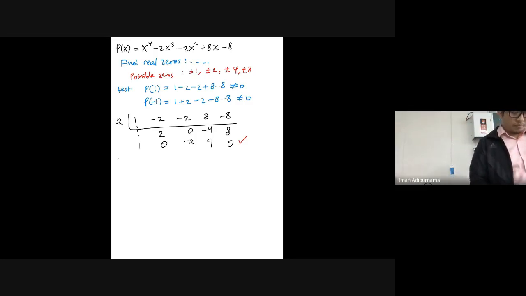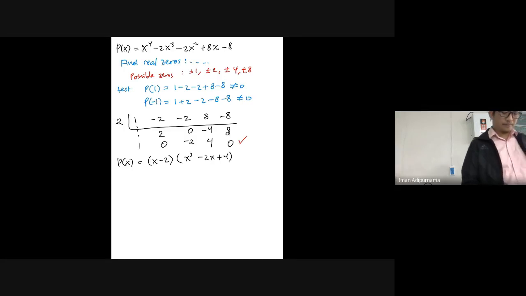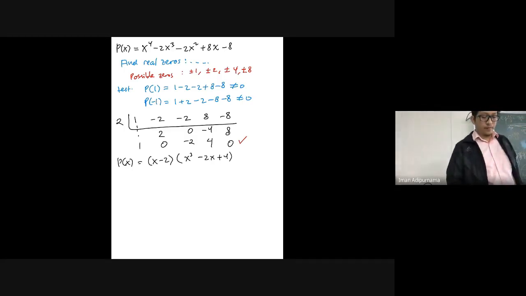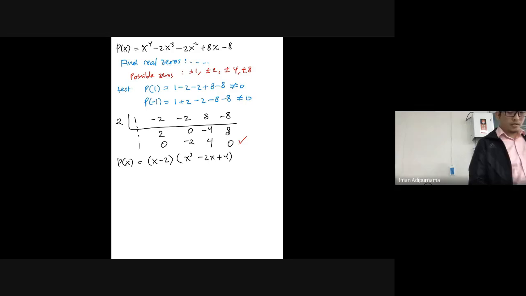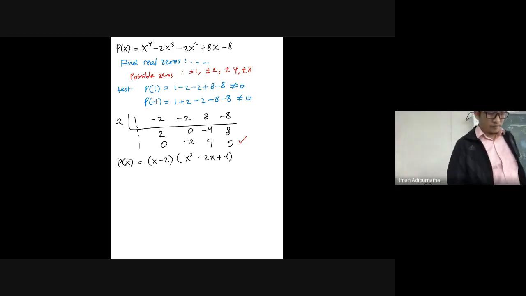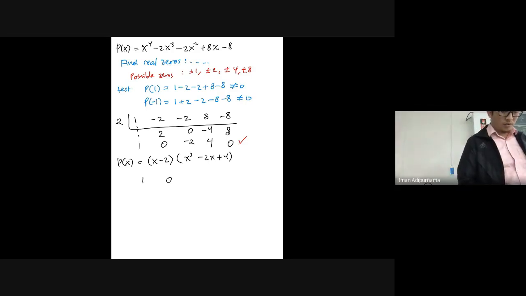So we can write P(x) as x minus 2 times x cubed minus 2x plus 4. From this second, maybe let's try the -2. So 1, 0, -2, 4.